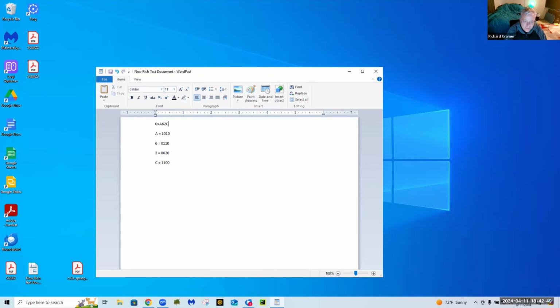So if we take that in binary, that's 1010 0110 0010 1100. I'm going to put a space in here so that I keep track of what's there.